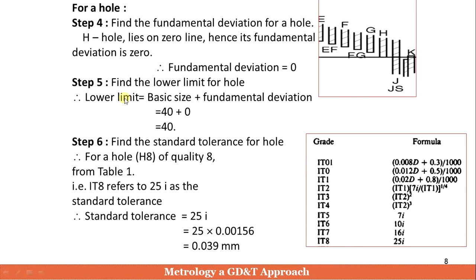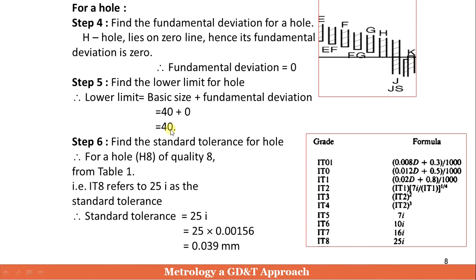Then we can find out the lower limit. The lower limit will be equal to the basic size of that hole, 40 mm, plus the fundamental deviation. The fundamental deviation over here is 0, so we substitute 0. So 40 plus 0 gives 40 mm. The unit should be written, though it is not visible over here, but we have to write 40 mm.